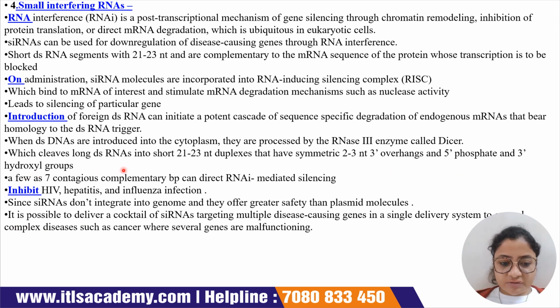This dicer will go and cleave the long double-stranded RNA into short 21 to 23 nucleotide duplexes, which have symmetric 2 to 3 nucleotide 3' overhangs and 5' phosphate and 3' hydroxyl groups. As few as 7 contiguous complementary base pairs can direct this RNAi mediated silencing, and it is used to inhibit HIV, hepatitis and influenza infections.